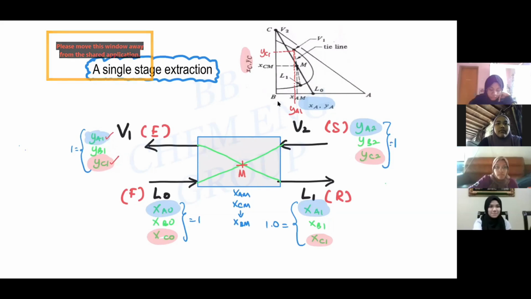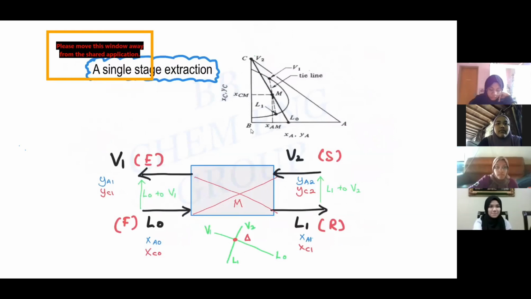To get your operating point, you need to connect your raffinate point to your solvent point.